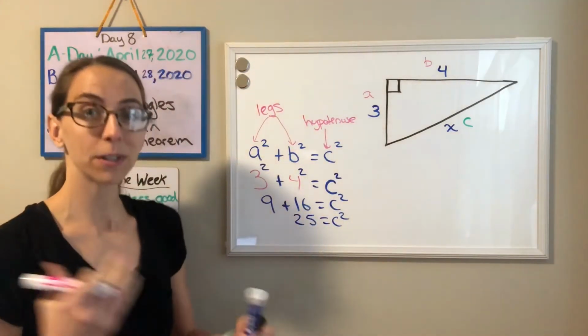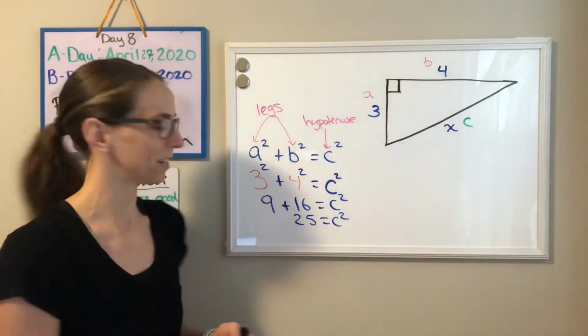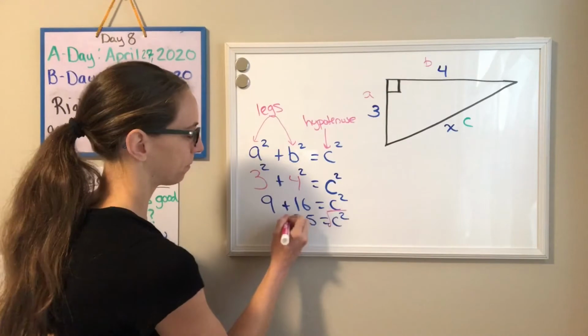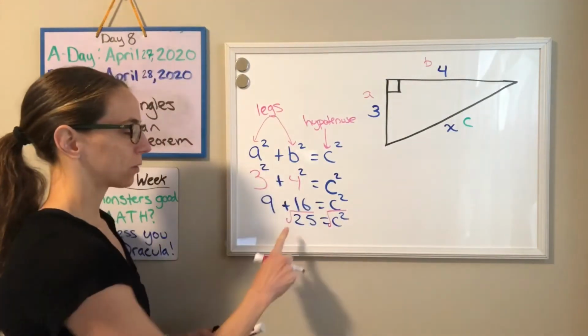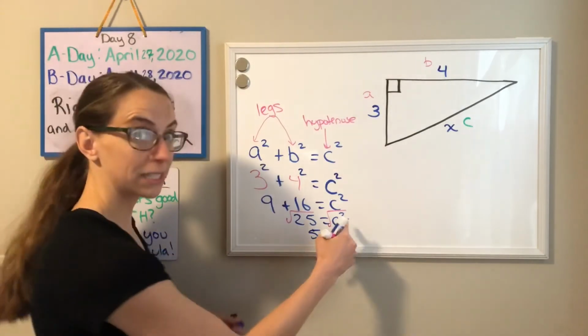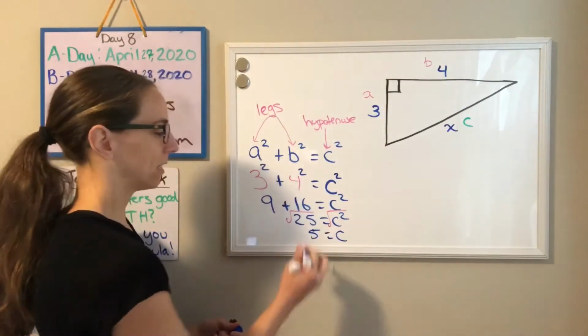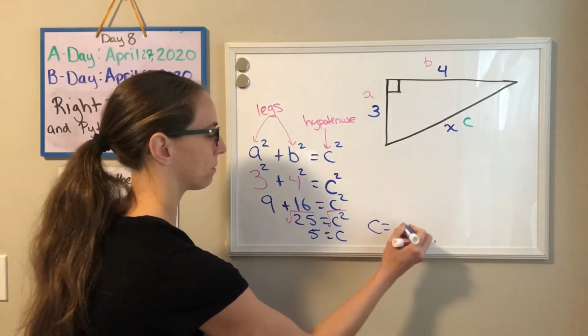And then the inverse of squaring a number, we talked about this in class with our distance formula, would be finding the square root. So the square root of 25 would be 5, and the square root of c squared would be c. So I have figured out that c is going to be equal to 5.